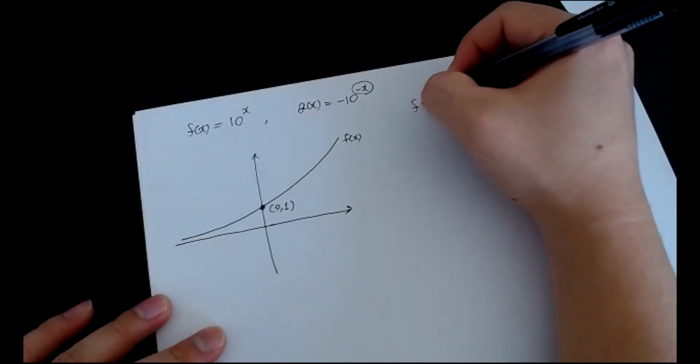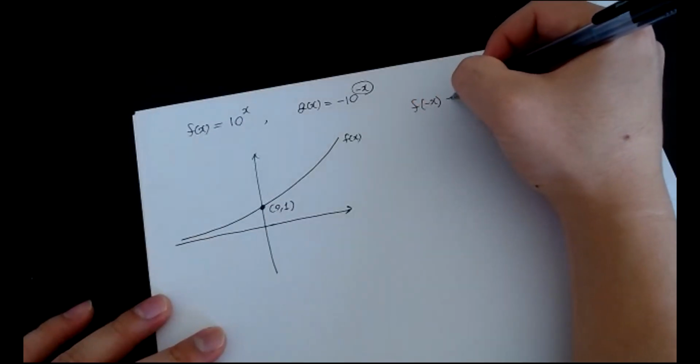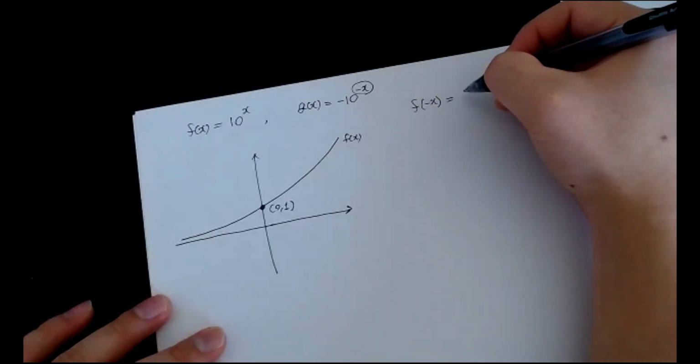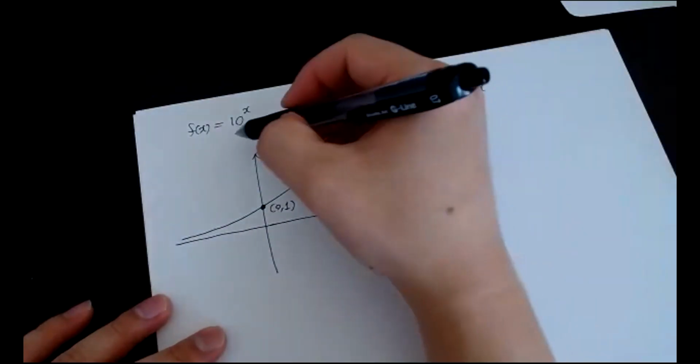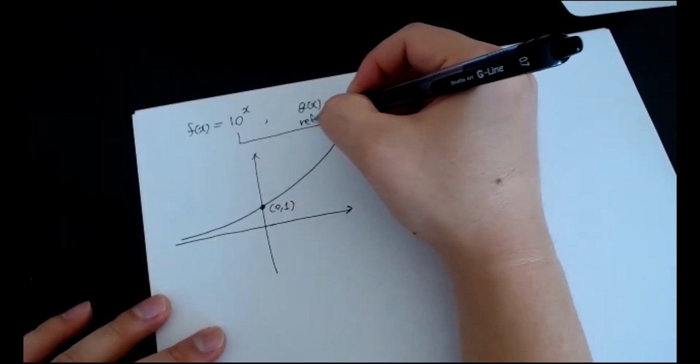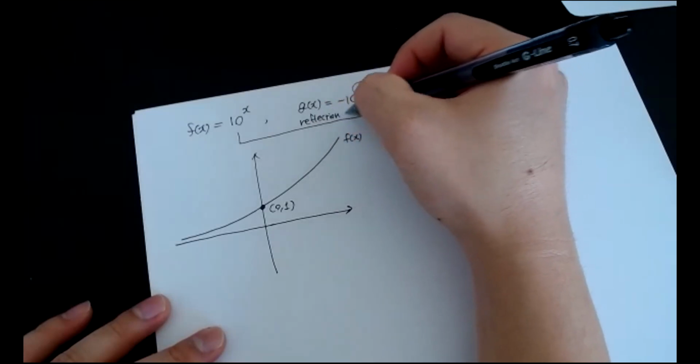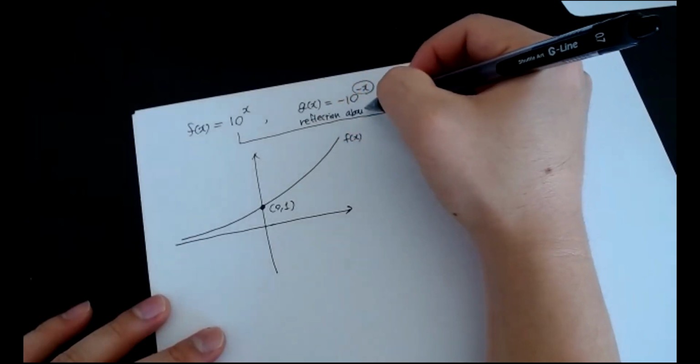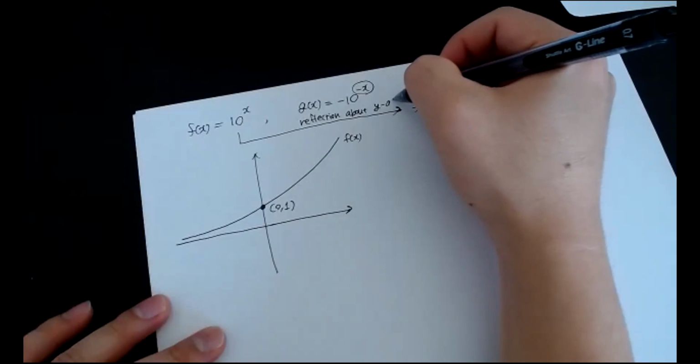So f(-x) is going to be 10 to the negative x power. From here to here, that's a reflection, about not the x-axis, but the y-axis.